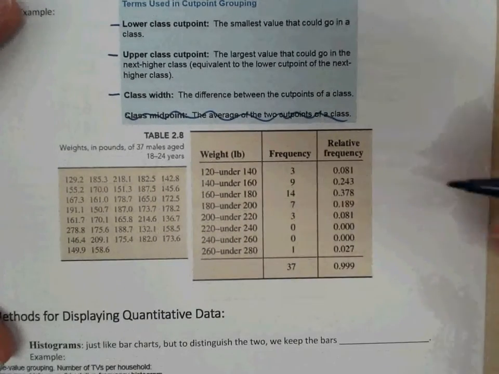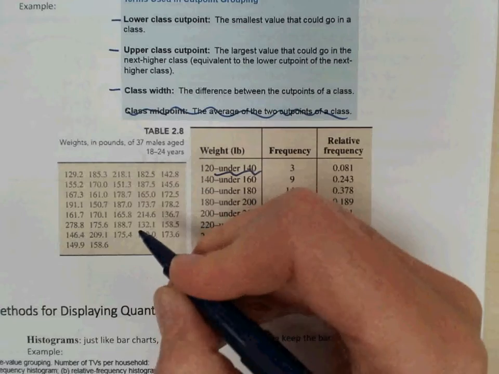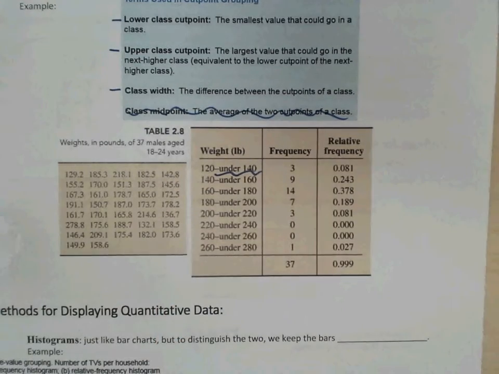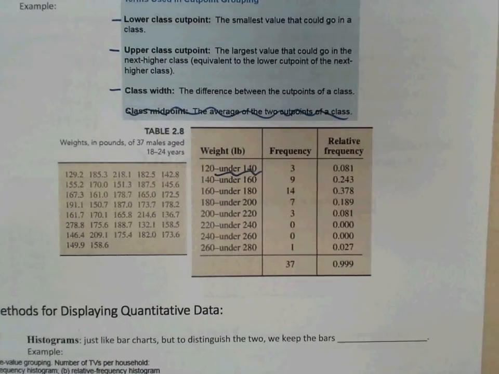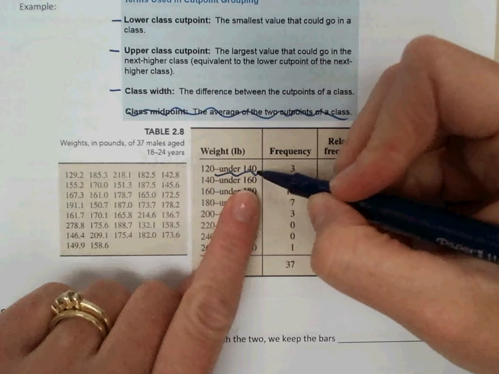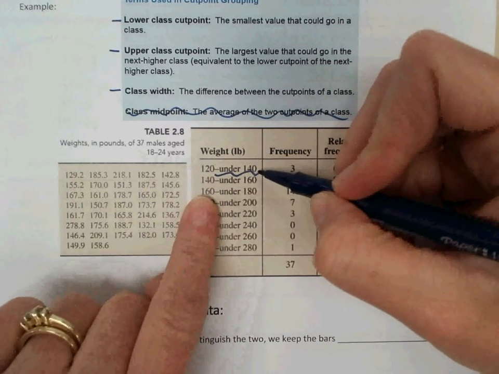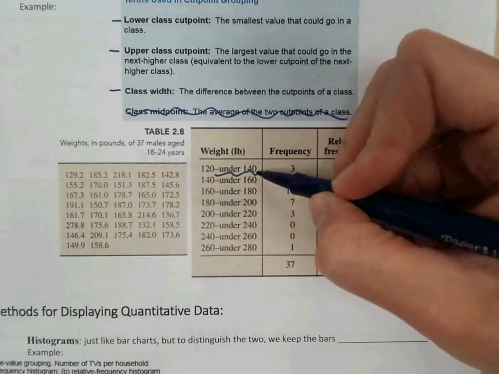The key difference between this one and the last one is just that you will see 120 to under 140, because that could be 139.99999, right? When we're dealing with continuous data, we need to account for those values that come really close to 140, but don't quite get there. Does that make sense?